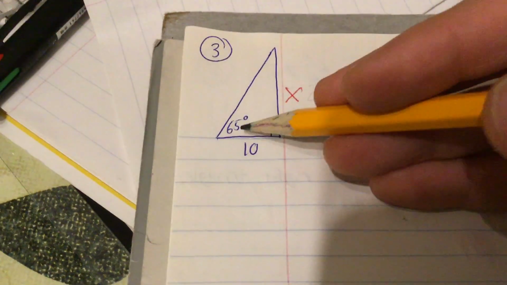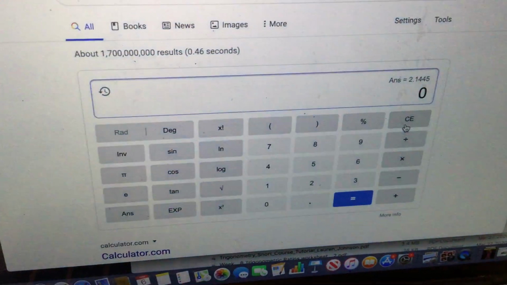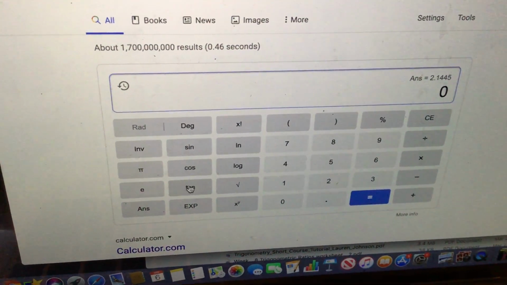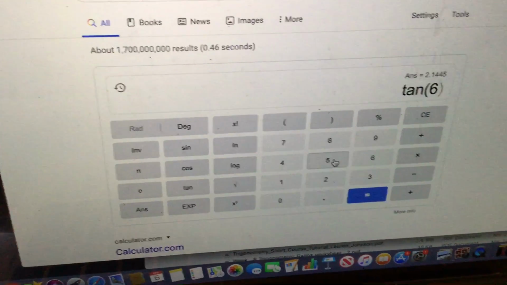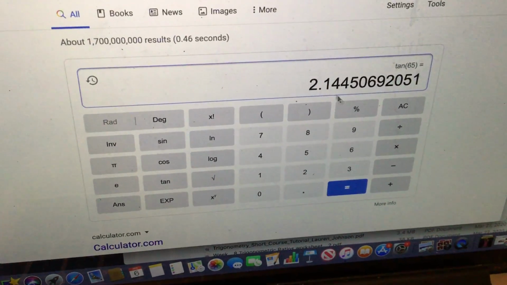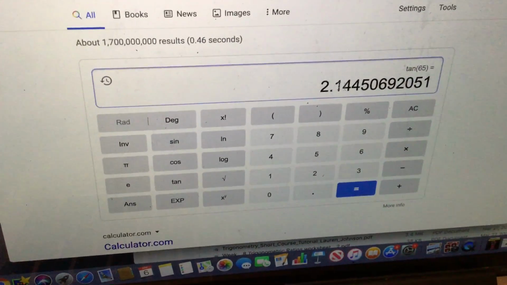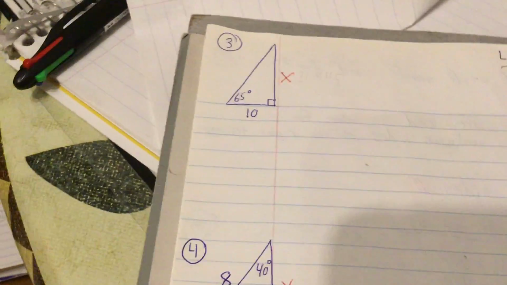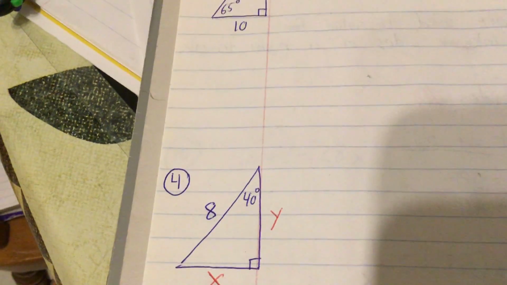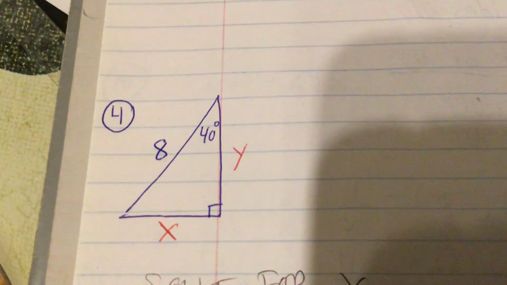Let's hope that the tangent of 65 degrees matches up with that ratio. 2.1445, and so on. Very good.